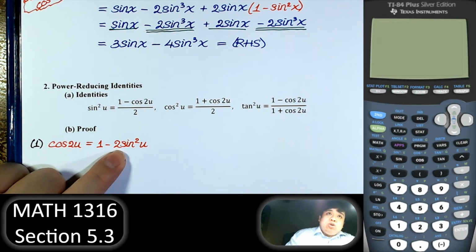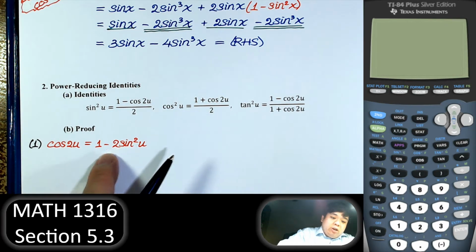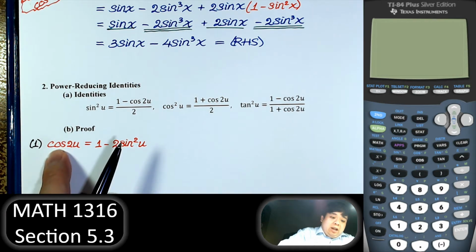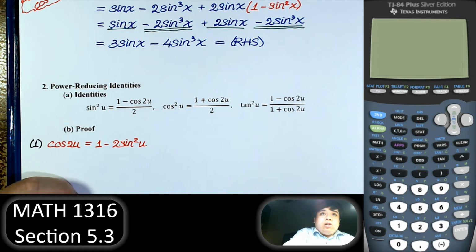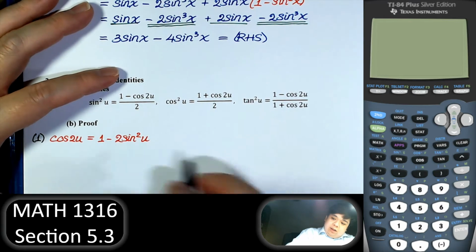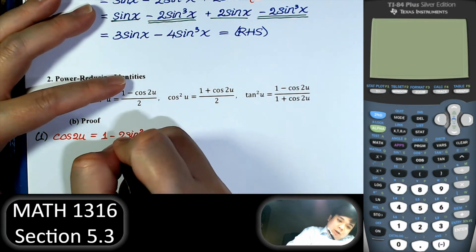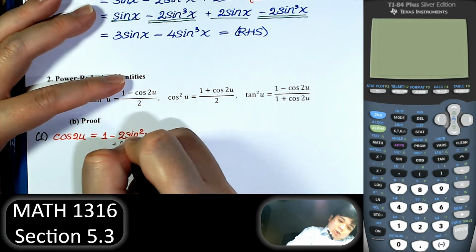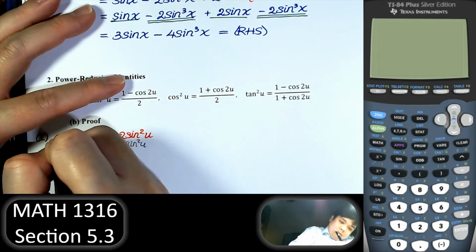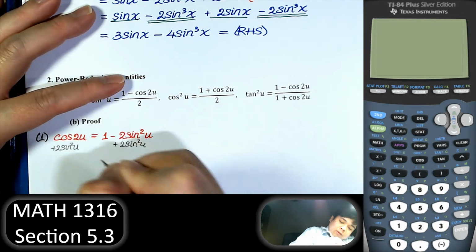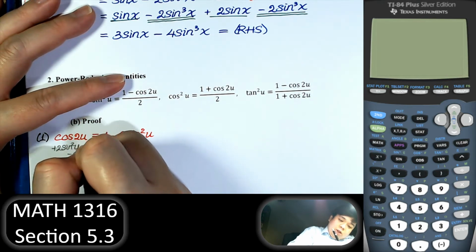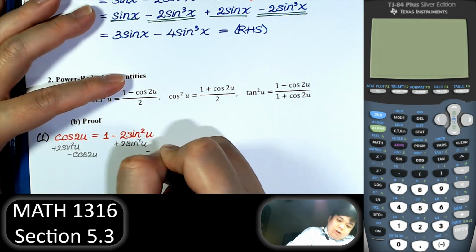Now if we want to solve for 2 sine square, I will move 2 sine square to this side and move the cosine of 2u to the other side, right? So let's say I will add 2 sine square on both sides. And minus cosine of 2u on both sides.